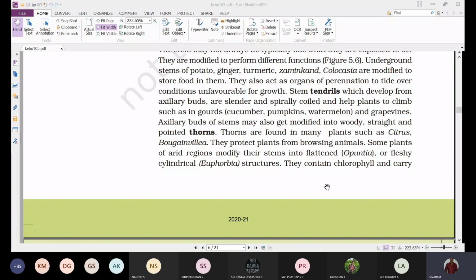At the tip of the plant, we'll find a slender, spirally coiled structure, and this coiled structure will coil around a certain thread or any stick and help in climbing.